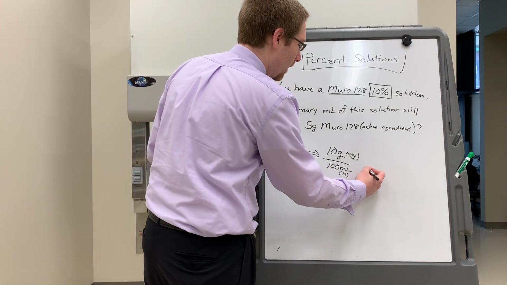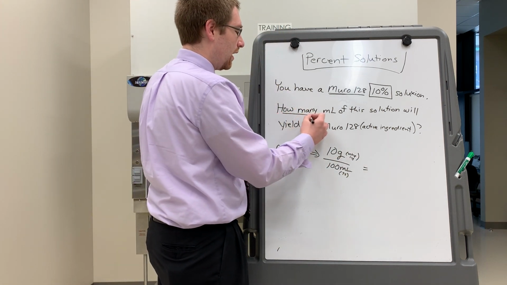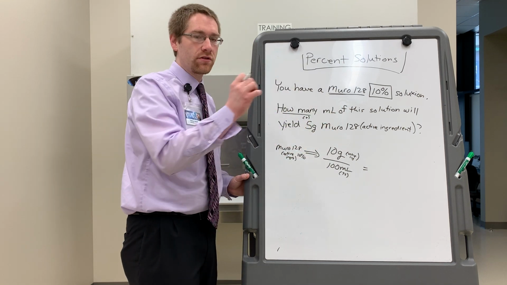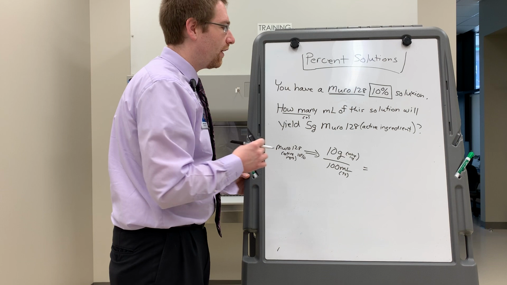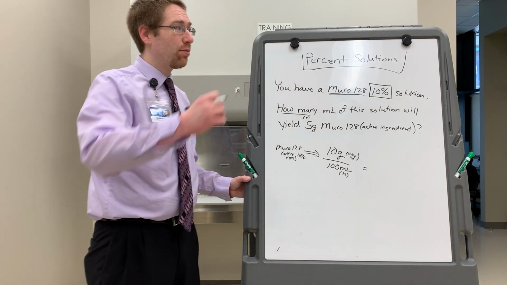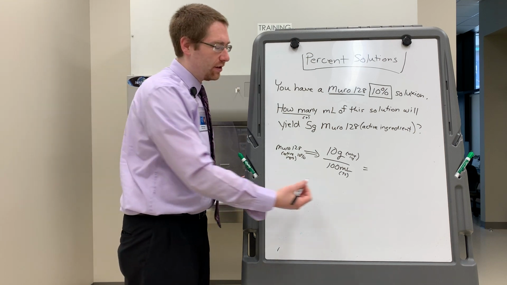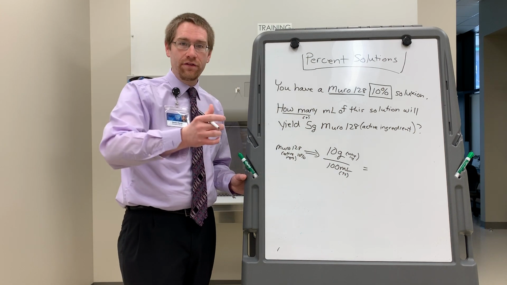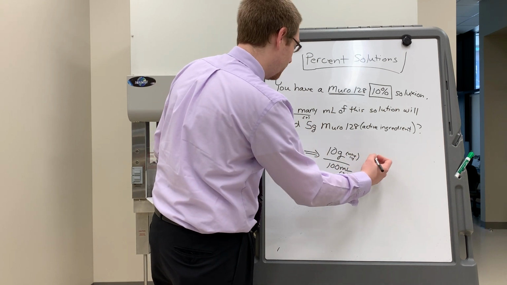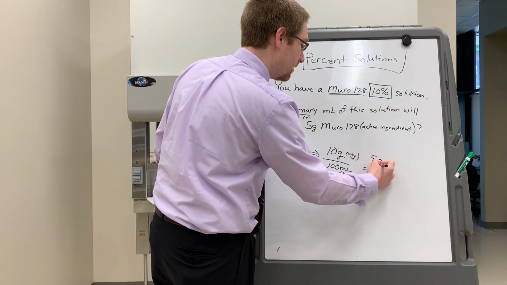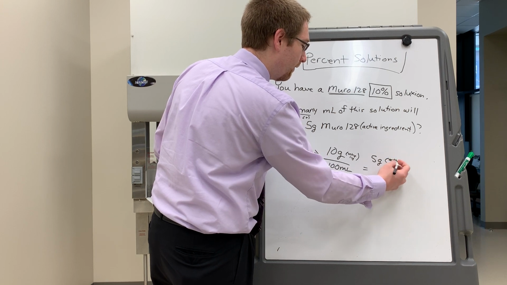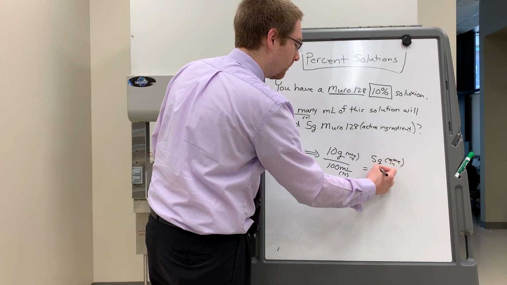So looking at this problem, our X value in this case is how many mLs of this total solution will yield 5 grams of the active ingredient. So unlike the previous problem, our fraction on the other half of this is going to be flipped. I know that I have 5 grams, and I'm trying to determine how much volume will get me 5 grams of active ingredient.